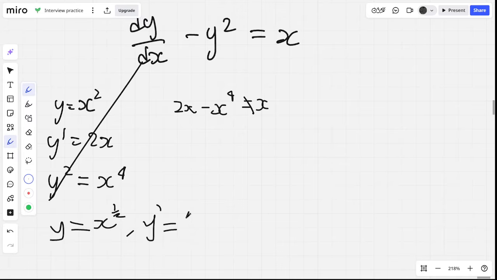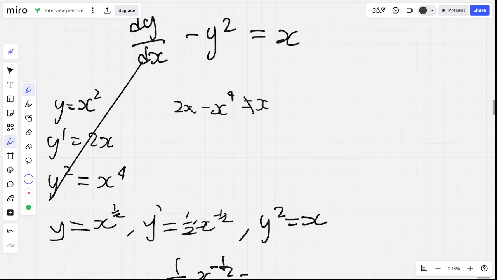So my new function is going to be this, and this is also not correct.